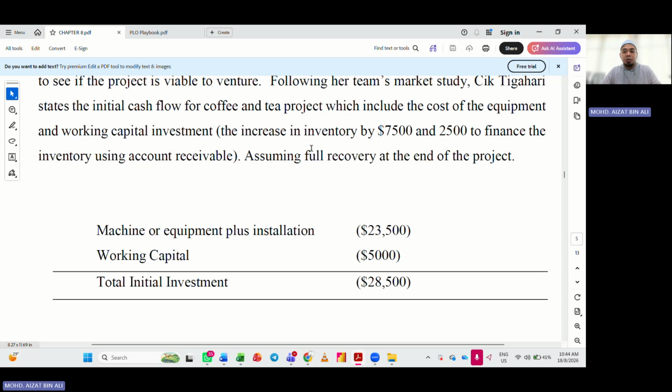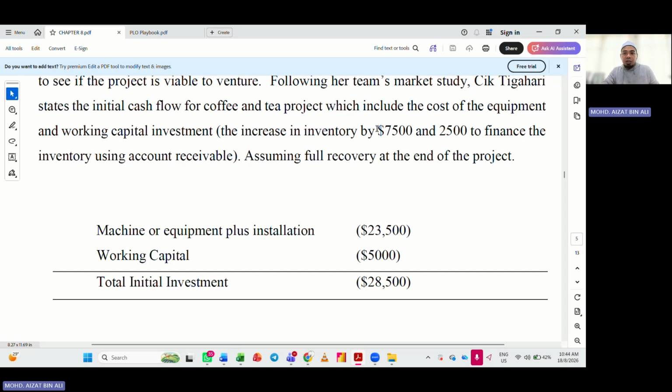The idea is that the money that we spend, which is the purchase of inventory, when we spend money, it represents cash outflow. That's why all of this is in negative format, in brackets, representing cash outflow.